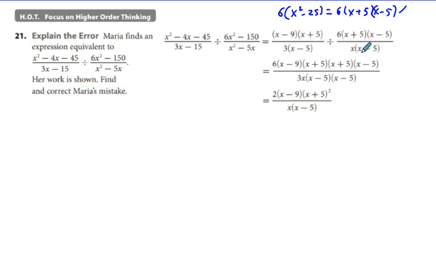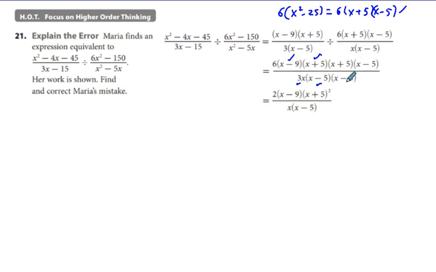So we're going to have to take this 6. We keep x minus 9 and x plus 5 in the numerator here, and we keep 3 and x minus 3 down here in denominators. We checked out all those. But then we're going to find the reciprocal, or turn the second expression upside down.